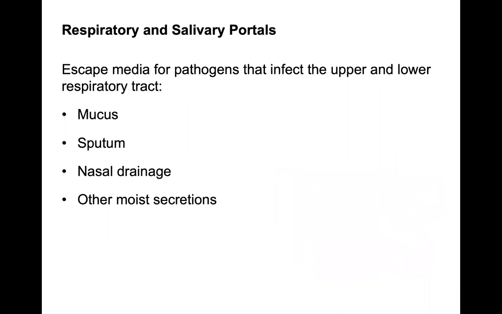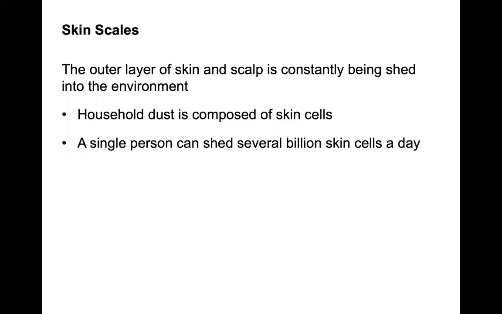So respiratory and salivary portals are escape media for pathogens that infect the upper and lower respiratory tract: mucus, sputum, nasal drainage, and other moist infections or secretions. Skin scales: the outer layer of the skin and scalp is constantly being shed into the environment. Household dust is composed of skin cells. A single person can shed several billion skin cells a day.